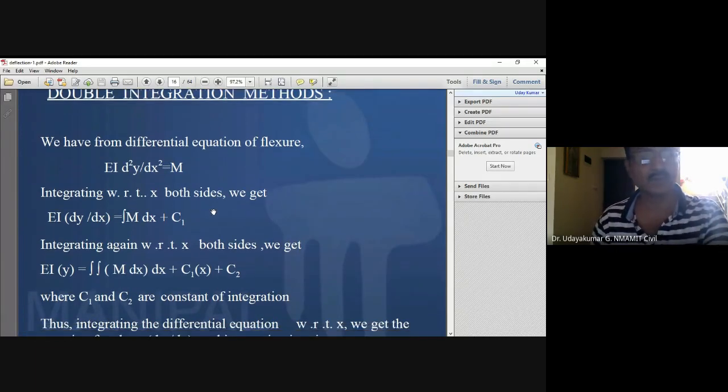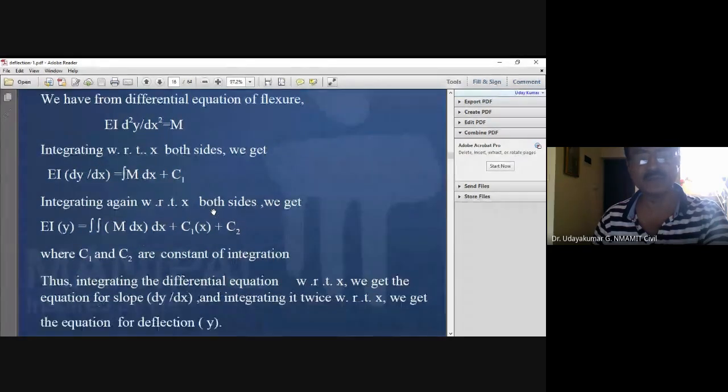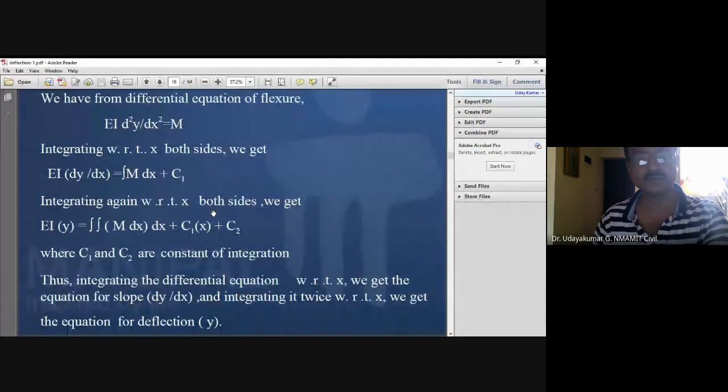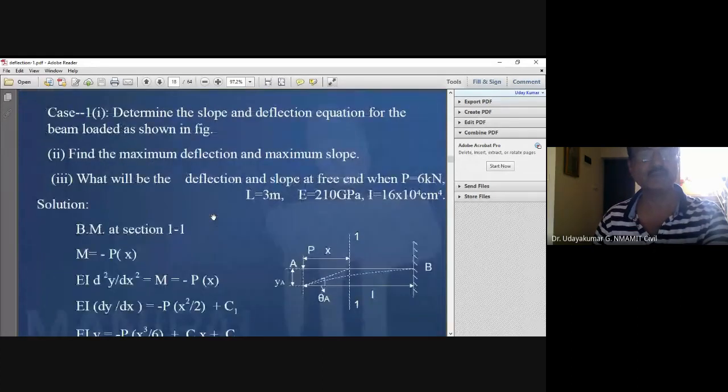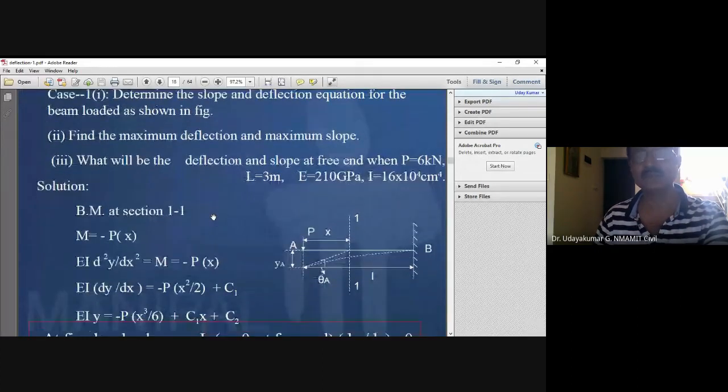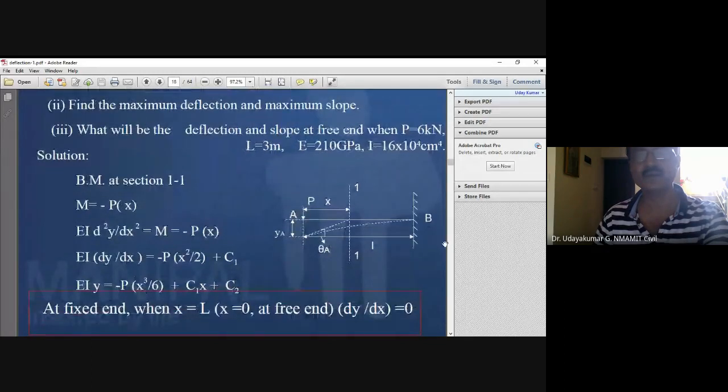These are to be determined based on the boundary conditions of the beam. That is the double integration method. For simple cases, like a beam subjected to one point load or a UDL, you can apply this method.